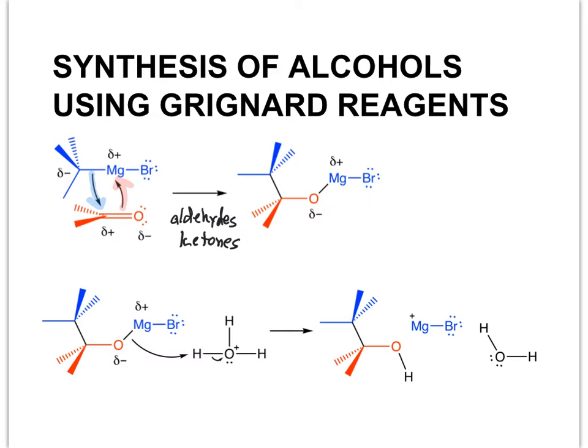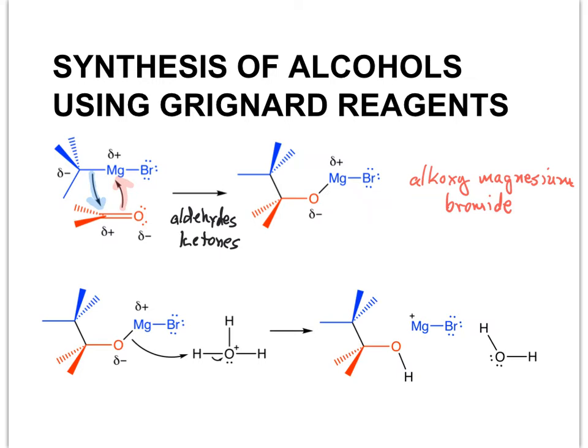And so we end up with an alkoxy magnesium bromide intermediate, where you have this polar, or probably even really ionic, oxygen-magnesium bond. Often it's written as a complex. Our magnesium is going to be positive, our oxygen is going to be the electronegative.